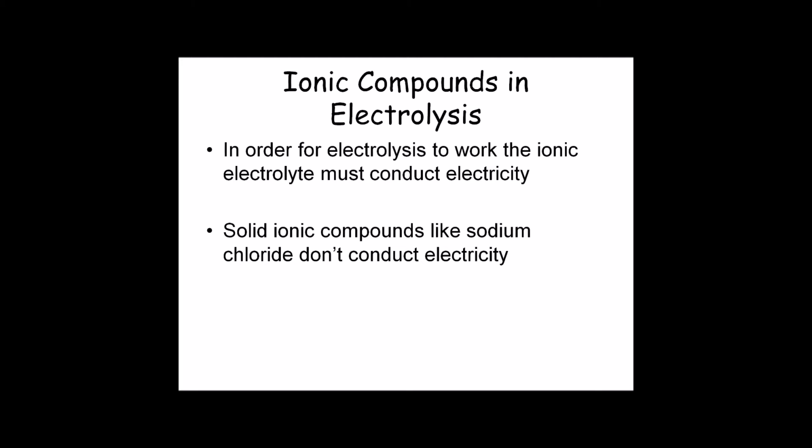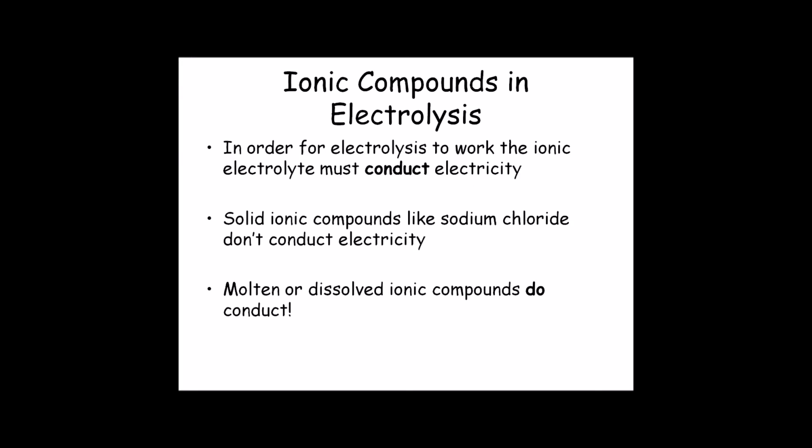In order to make electrolysis work, then, we've got to make these ionic compounds able to conduct electricity. And there's two ways we can do that. We can either melt them or dissolve them in water, or in any liquid that they will dissolve in. Normally water. Okay, so when they're molten or when they're dissolved, when they're in a liquid state, they do conduct electricity, and therefore they can be used as an electrolyte in electrolysis.